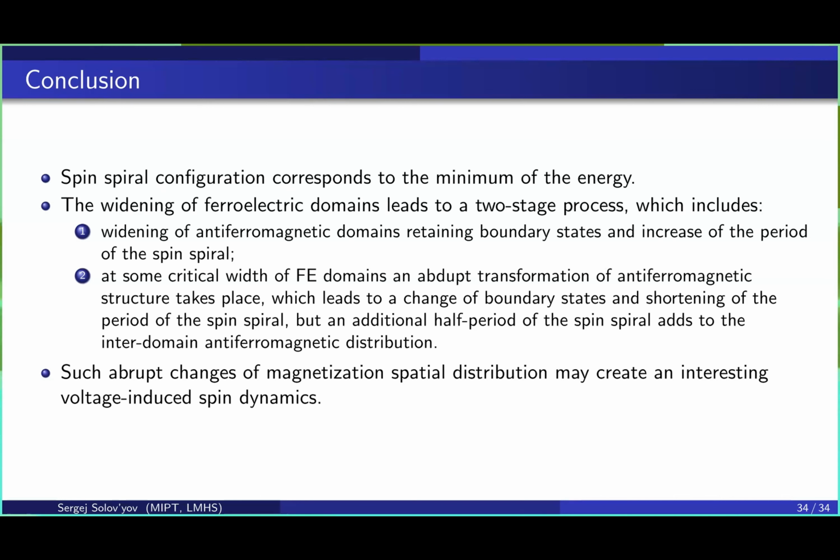And at some critical lengths of ferroelectric domains, an abrupt change takes place.